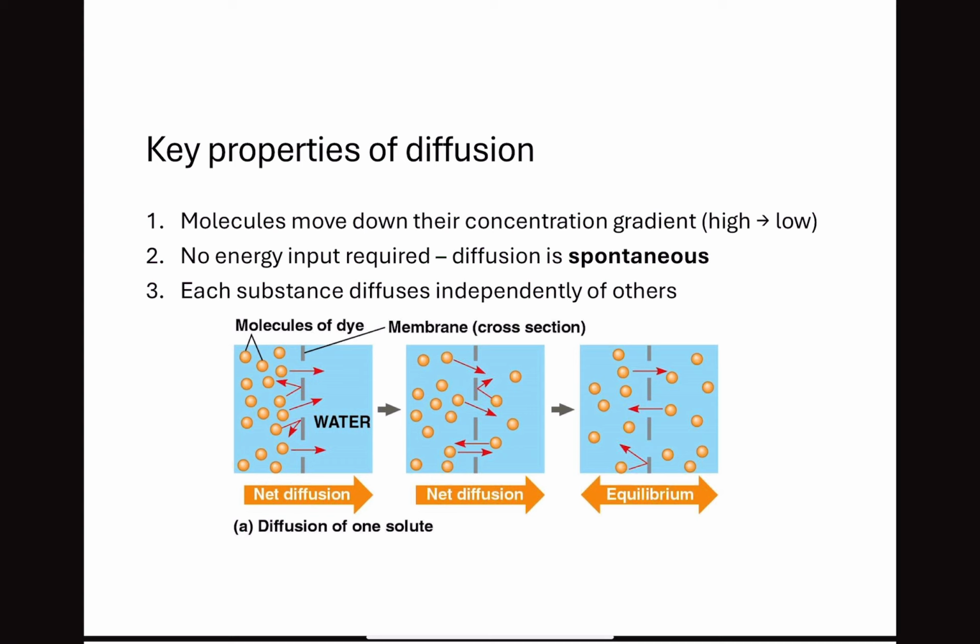So if we have molecule A that is going to diffuse in this solution, it can diffuse faster than molecule B. The other important thing about diffusion is that it does not require energy. There is no energy investment needed. Diffusion is spontaneous.